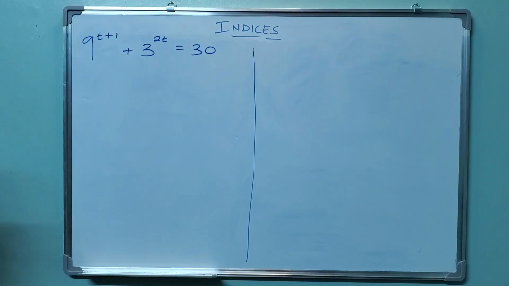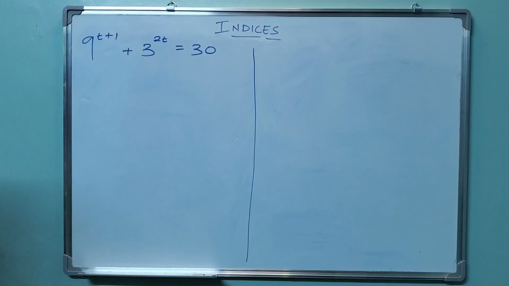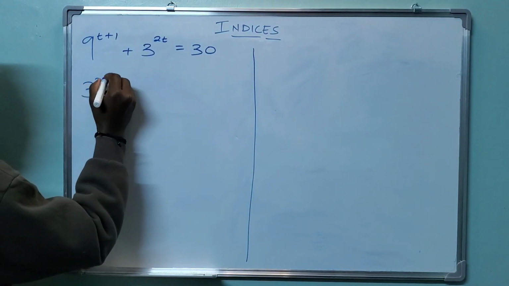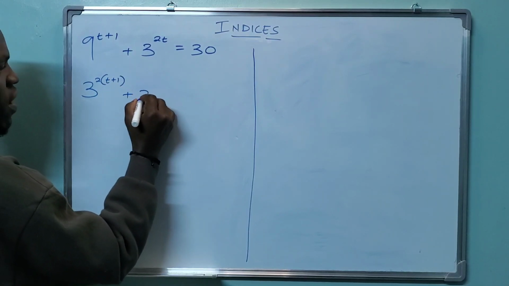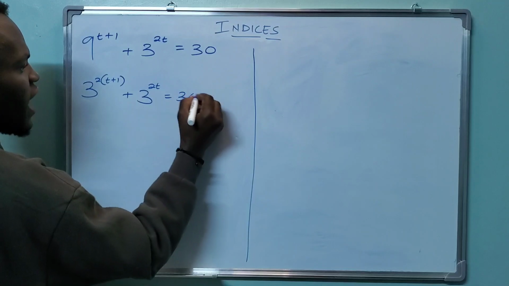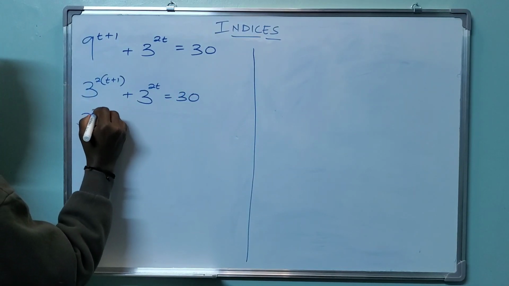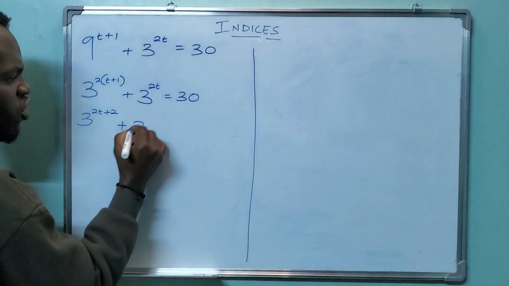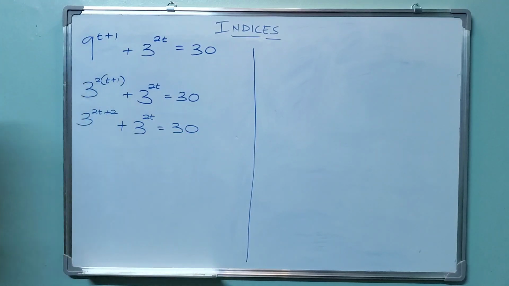What we are going to do, first of all, let us make the ones we can make to the same base. Which means I'm going to have here 3 raised to power 2 into t plus 1 plus 3 raised to power 2t being equals to 30. Then I'm going to have here 3 raised to power 2t plus 2 plus 3 raised to power 2t being equals to 30.